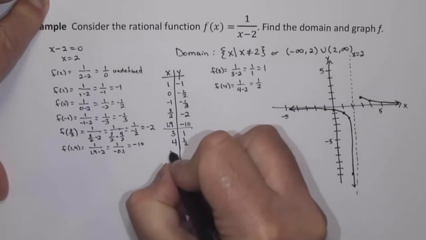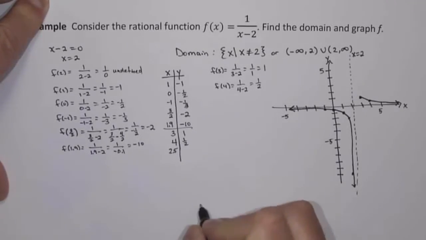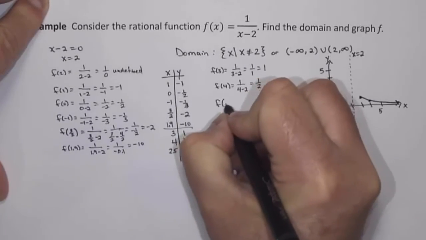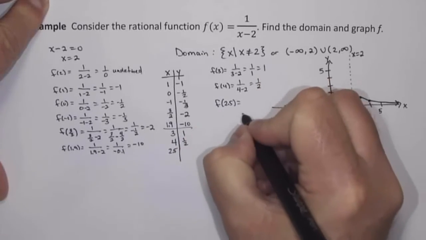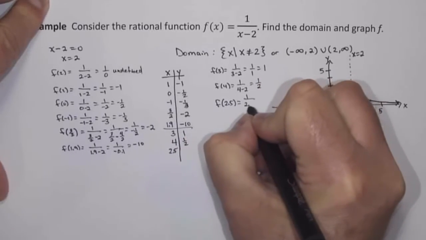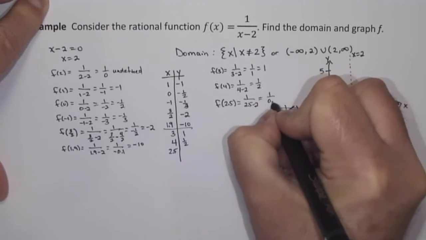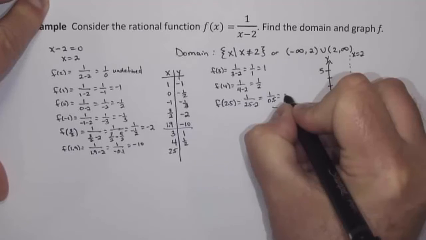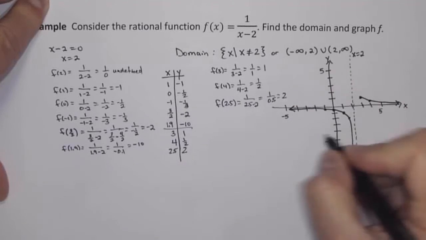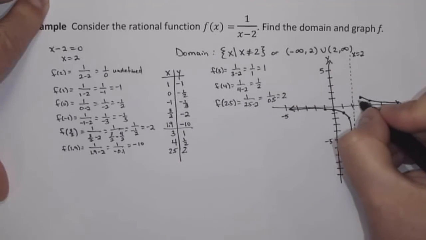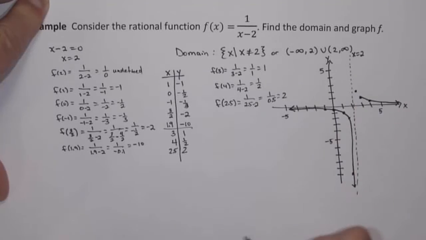So if I let x be 2.5, I'm just going to use a decimal point this time. Then f of 2.5 would be 1 over 2.5 minus 2, which would be 1 over 0.5. And 1 divided by 0.5 would be 2. So at 2.5, which would be here, the y-coordinate would be 2.